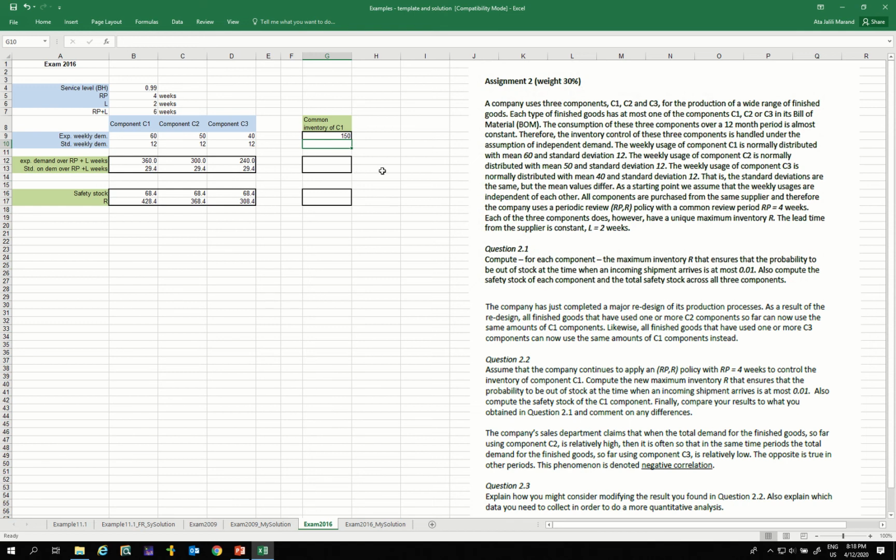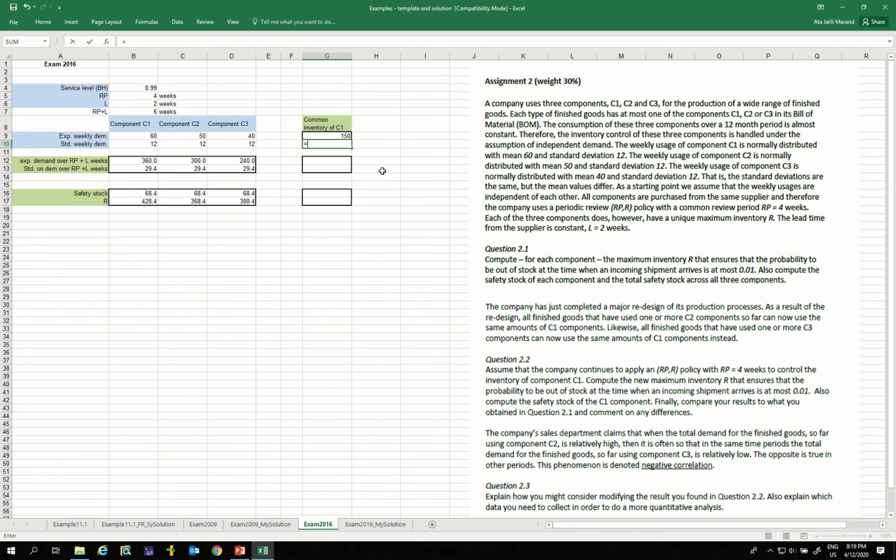And the standard deviation, if you remember the variance: if we had a random variable which was the aggregated sum of some independent random variables, then the variance of this aggregated random variable would be equal to the sum of the variances of these individual random variables. So if we take the square root, we get the standard deviation.